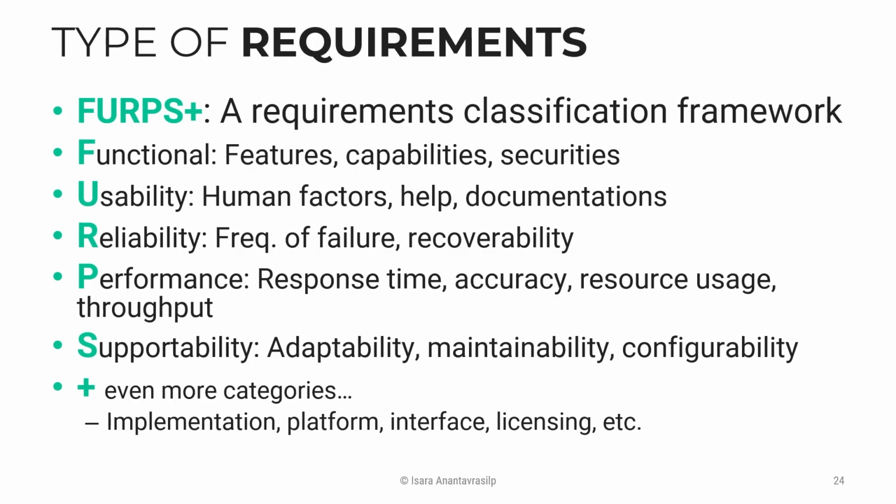Reliability requirements ensure that the software system can operate without failures, even when we are not in normal conditions. For example, if there are too many users, a usage spike, the system can still handle it. It can expand or spawn more instances by itself, something like this.